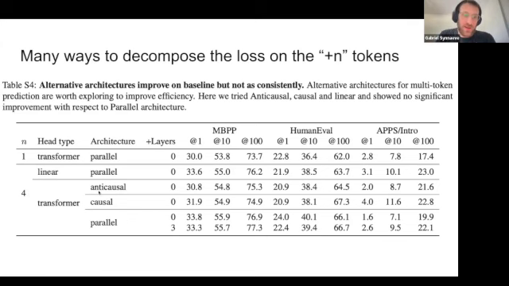We also tried anti-causal and causal. Anti-causal is when you predict t+1 knowing what you sampled for t+2, t+3, up to t+n. And causal is when you predict t+n knowing t+1, t+2, t+3, whatever goes up to t+n. And so what we found out is basically it doesn't matter much whether to do it in parallel.